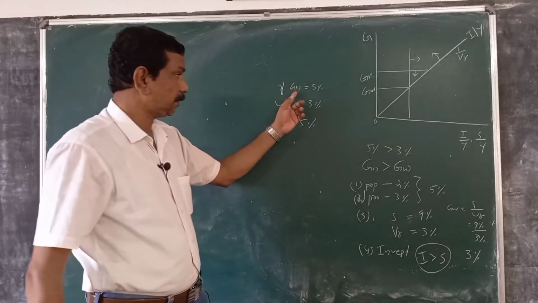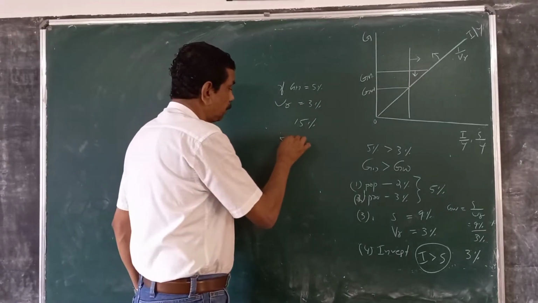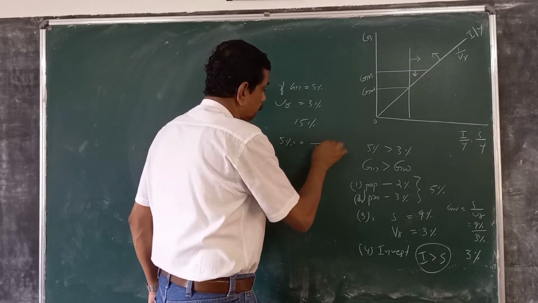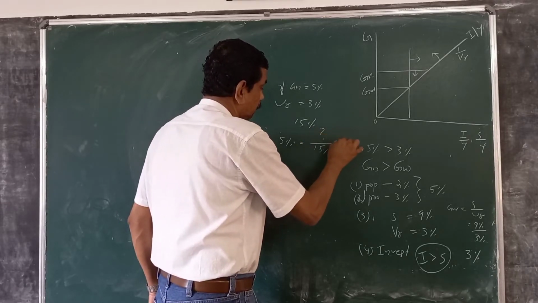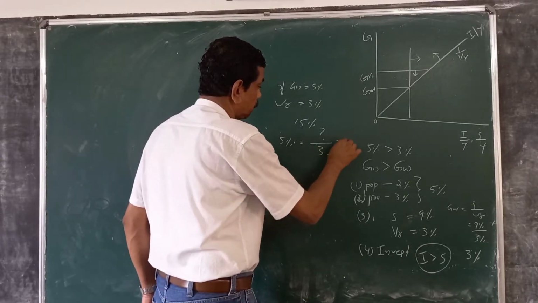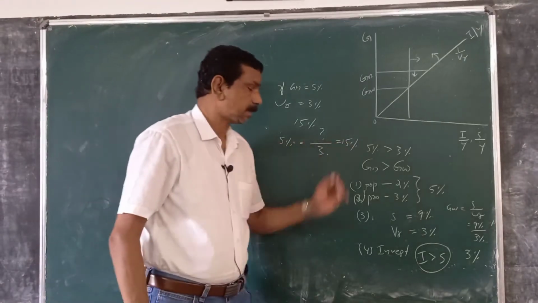If GN is 5% and VR is equal to 3, we have 5% equal to 15%, that is, the desired growth rate is 15%.